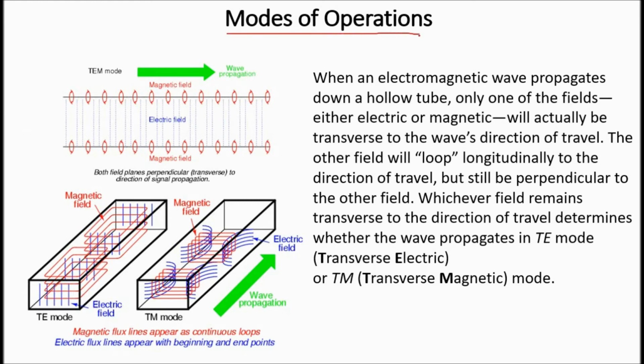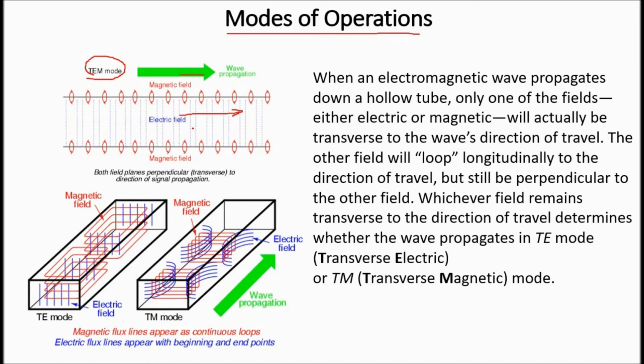Look at the figure at the left side, that is the transverse electromagnetic mode. Here both the electric field and the magnetic field are perpendicular to the direction of propagation, so there is no z component for the electric field or magnetic field. Both are propagating in the z direction, but they have no component in the z direction.